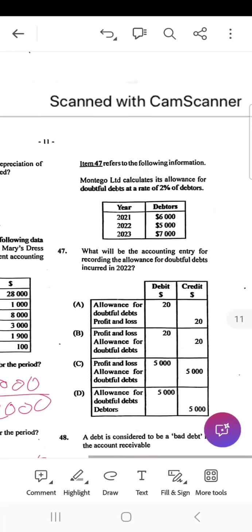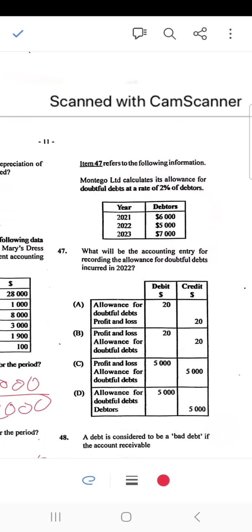Number 47. What will be the accounting entry for the recording of the allowance for doubtful debts in 2022? So in 2021, the provision for doubtful debts, or the allowance for doubtful debts, would have been 2% of 6,000. 2% of 6,000 is equal to $120.